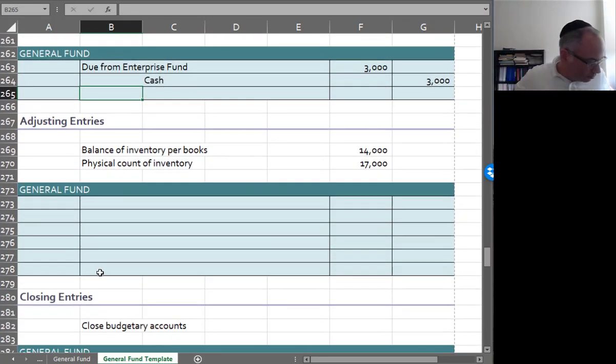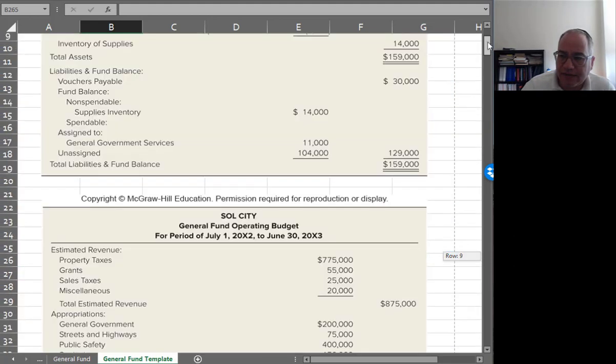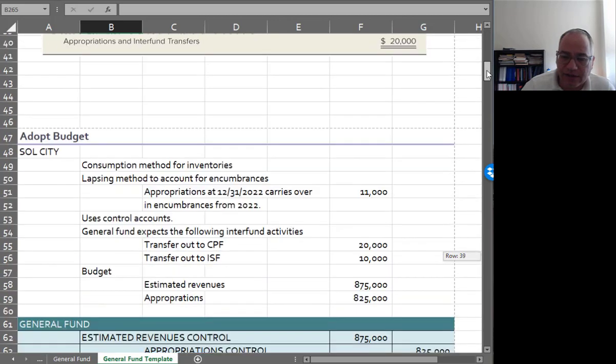Now, we had on the books, they're using the consumption method. And right now there's $14,000 worth of inventory on the books. We count up the inventory and it turns out there's $17,000 there. They use the consumption method.